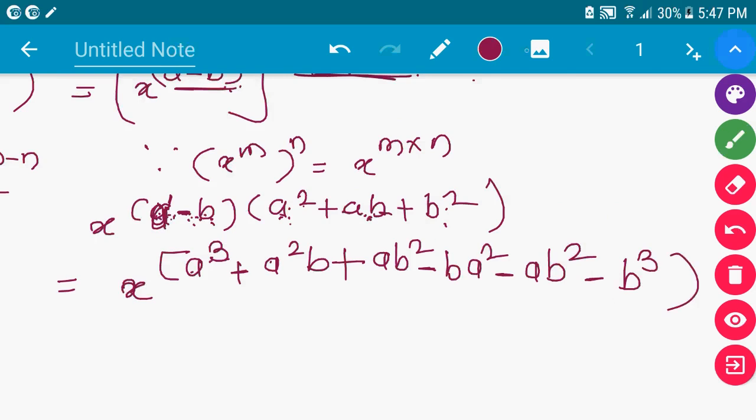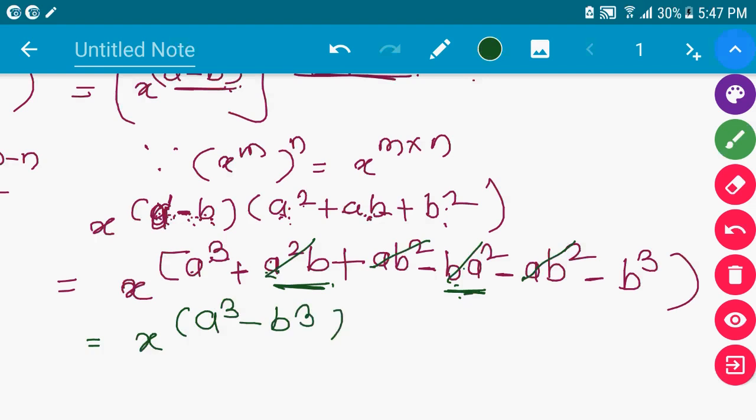Now you can see this a square b and this a square b are the same, so plus a square b minus a square b will get cancelled, like 1 minus 1. Ab square positive, ab square negative will get cancelled, so what is remaining? X raised to a cube minus b cube.